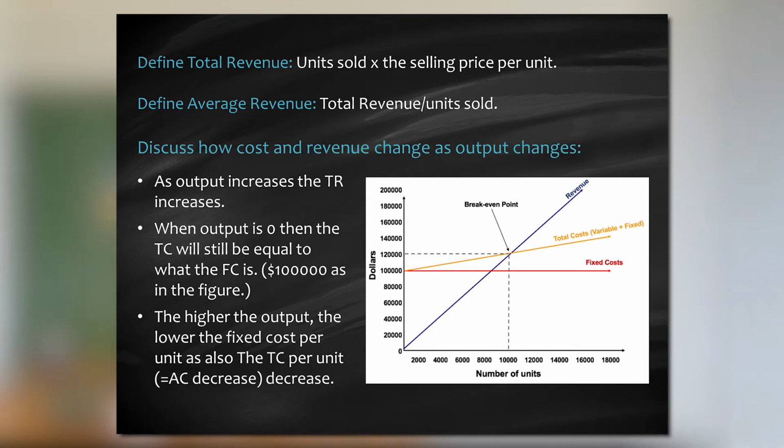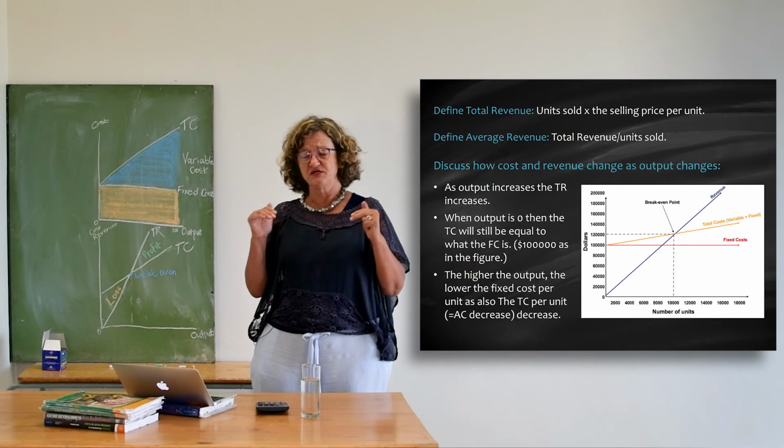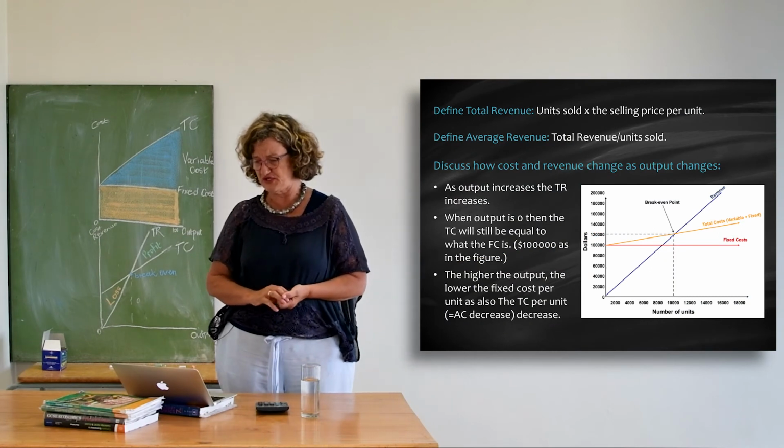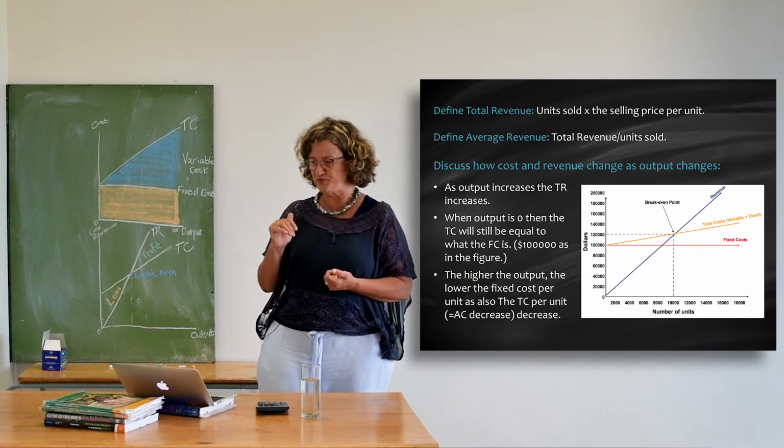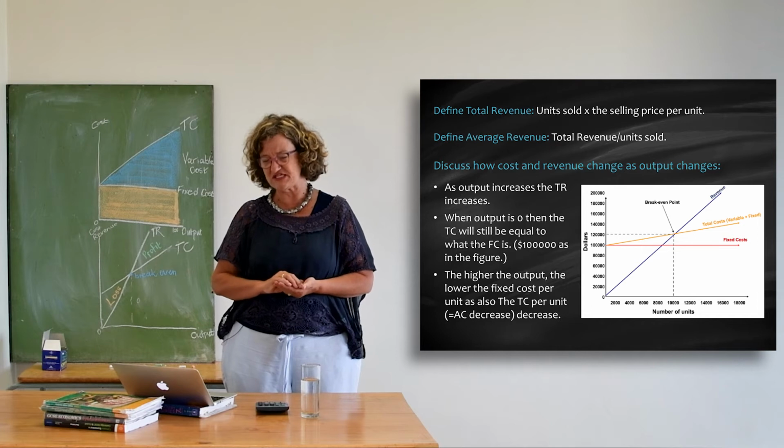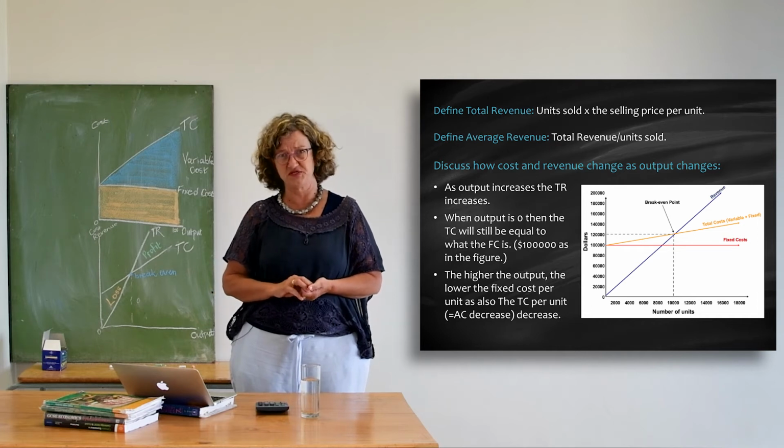So, if you go to the graphs on the market structures, you will see there's an average revenue. In a perfectly competitive market, look at those slides again, you will see that the average revenue and the price are on exactly the same line. So the average revenue is your revenue per unit, which is equal to your price per unit.